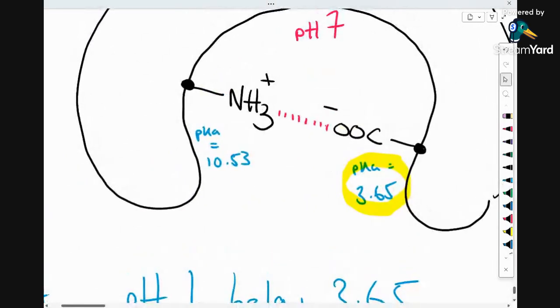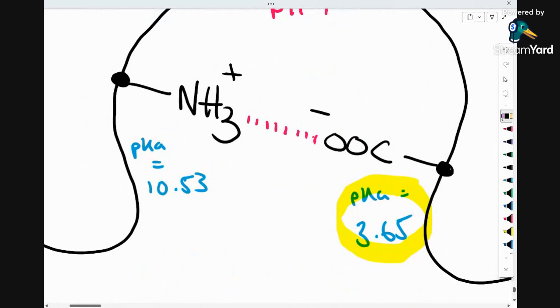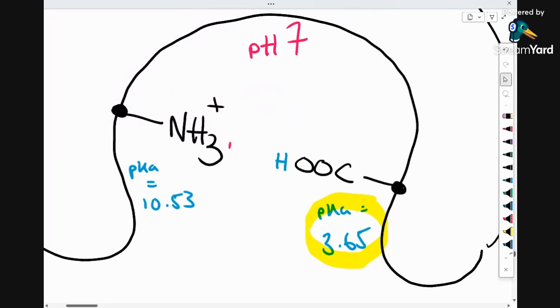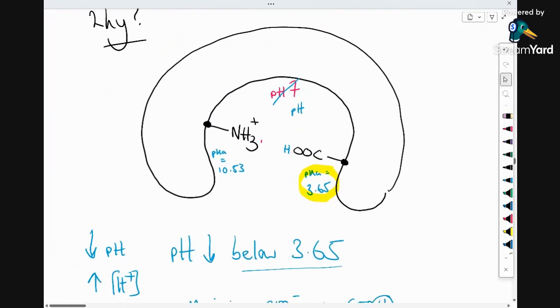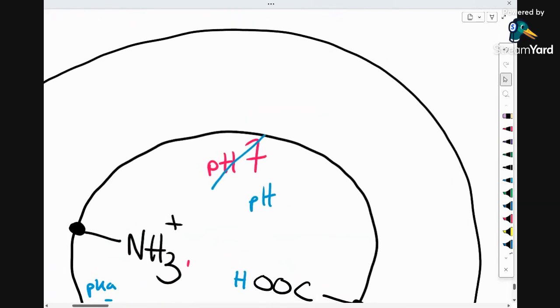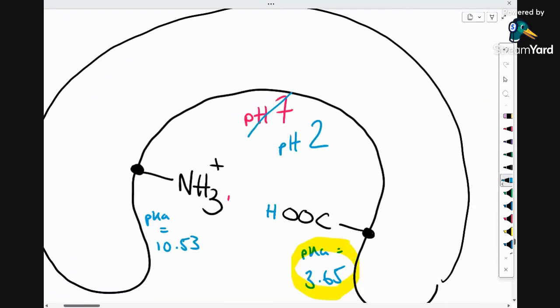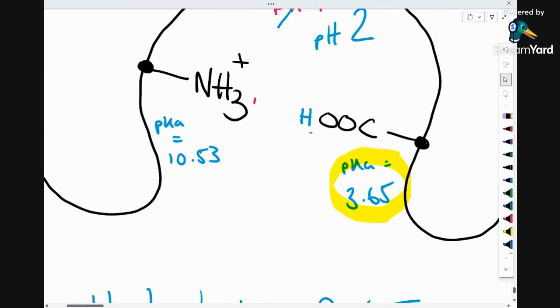And what happens when this becomes protonated is that you no longer have a negative charge, right? We're going to draw the proton in here now. So let's imagine we're at pH 2 now, below 3.65. What happens is we now have this proton here that wasn't there before.